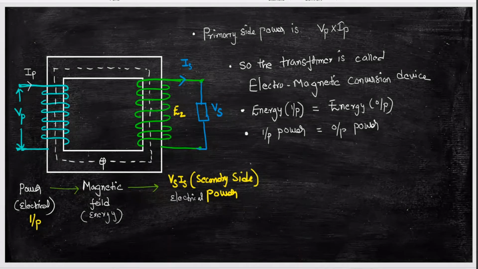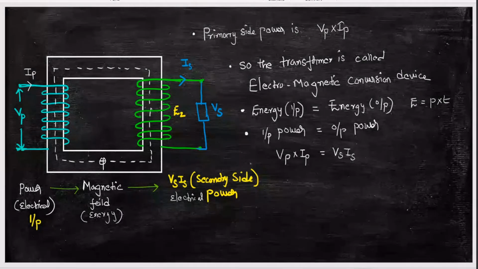So energy is nothing but power into time, right? E is equal to power into time. If time is constant on both sides, t gets cancelled, and input power should be equal to output power. Then what is input power? Input power is Vp into Ip, which is equal to Vs into Is.